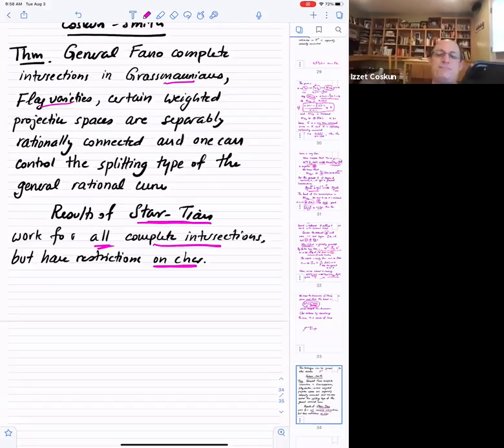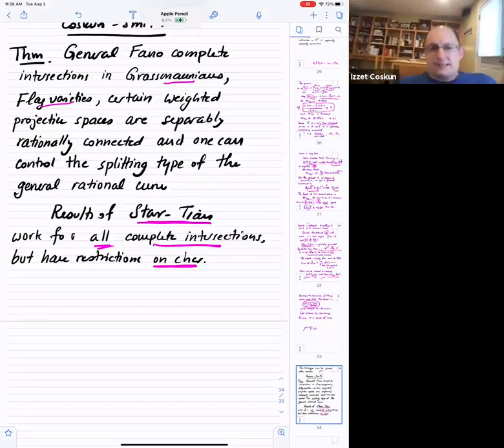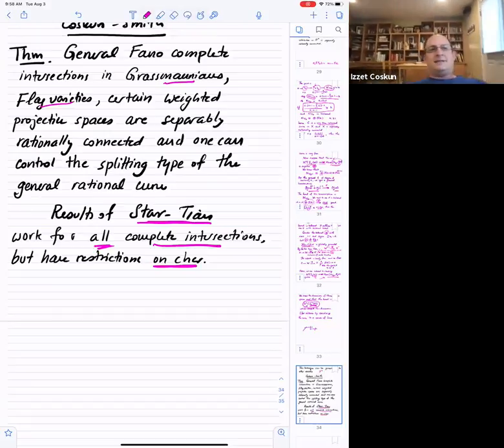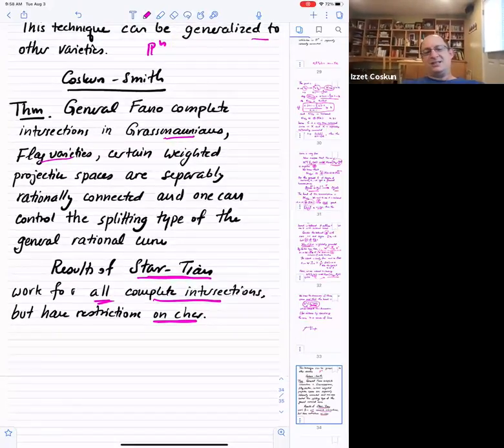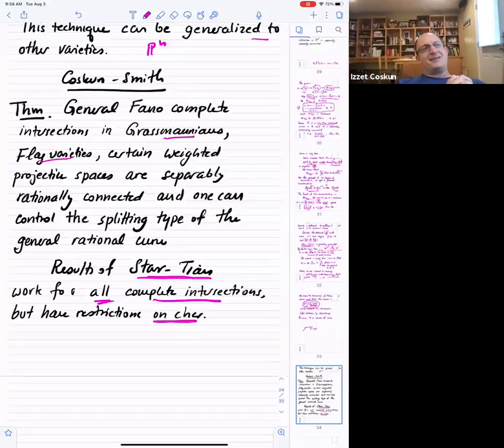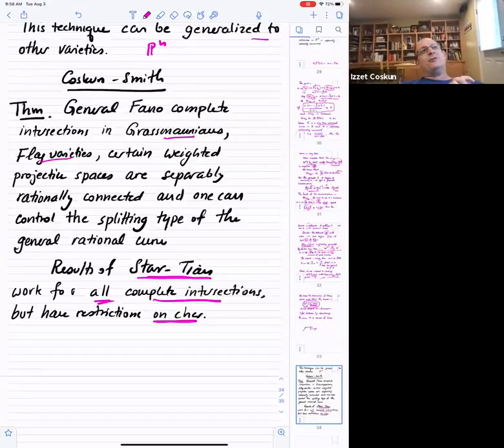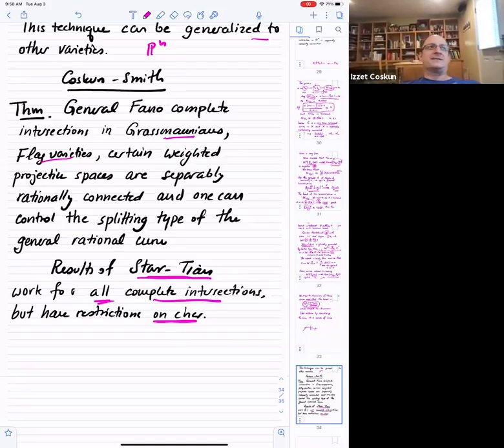Anyway, this question is still fascinating, and it's still possible that there are special Fano complete intersections that are not separably rationally connected. I'm a little skeptical of that. I think that will not be, but there are other families of Fano varieties, and it might be interesting to look at them and see whether there are any examples that might not be separably rationally connected.